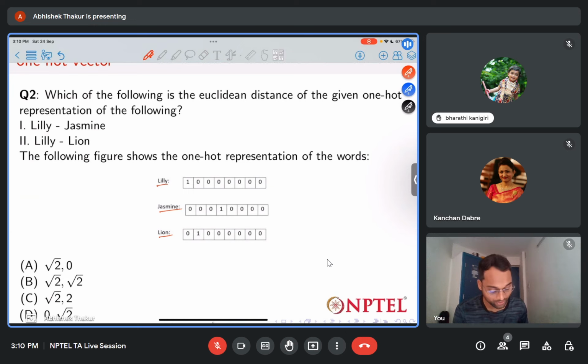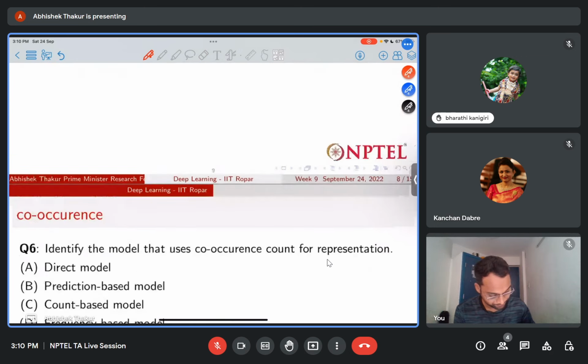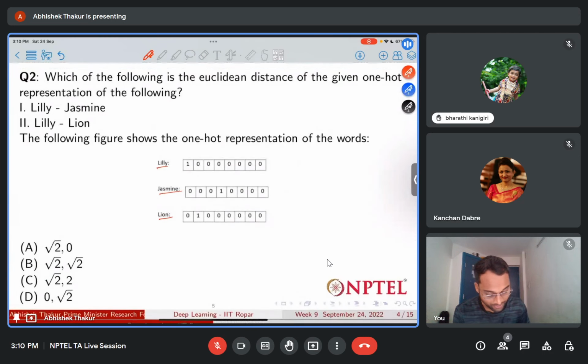In a one-hot vector, we already discussed that each word will have a unique representation, and the value 1 will be at a unique place for each word. Like for lily it is at the extreme right position, for jasmine it's here, and for lion it's here. So when you do the dot product of any two words, you will get the answer as 0. So the cosine similarity will be 0.